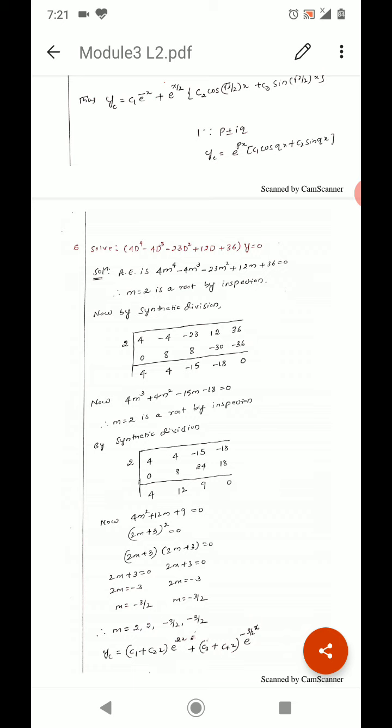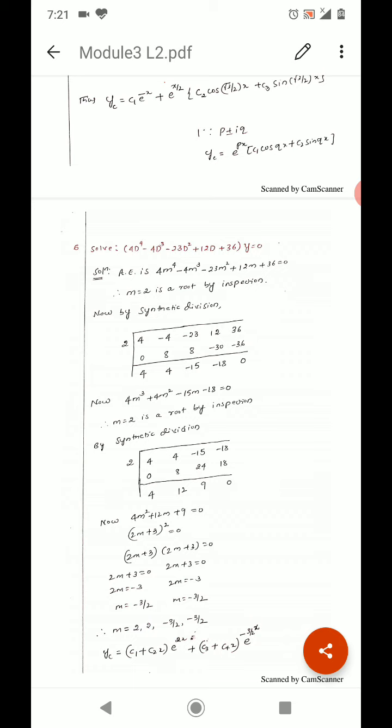So taking the root 2 on the left side and putting 0 below the first term 4, adding with 4 we get 4. Multiply 4 with 2, we get 8. Put it below the next term, that is 4.